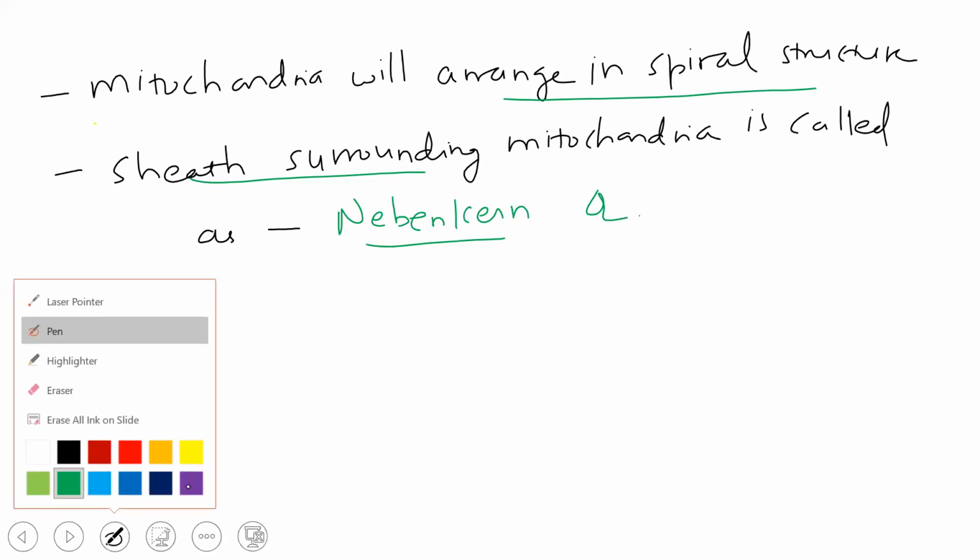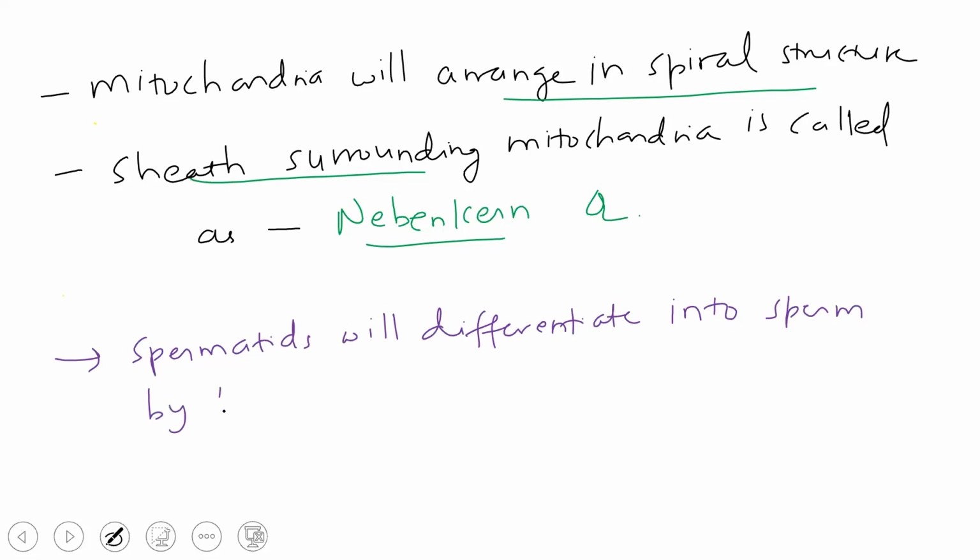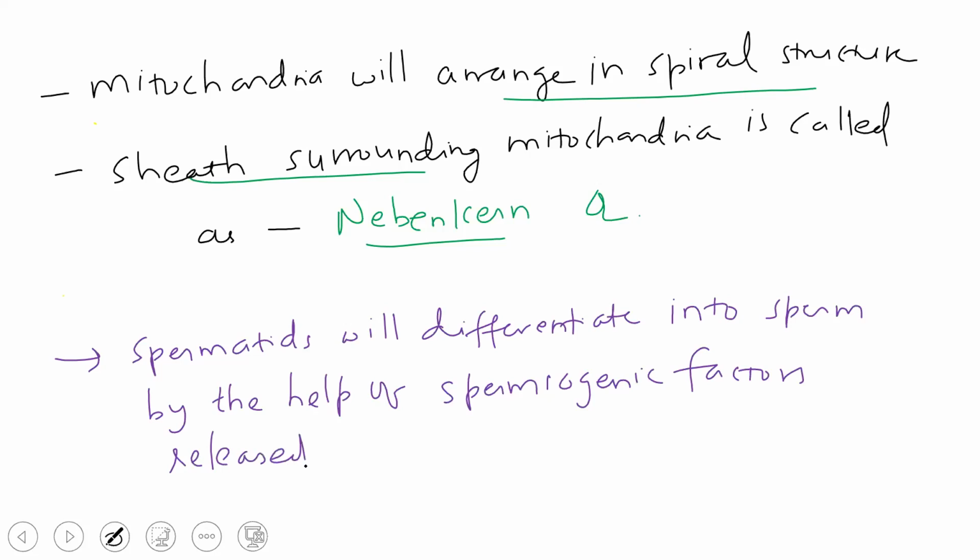So we can conclude that spermatids will differentiate into sperm with the help of spermiogenic factors released from the cells which provide nutrition to sperms, called Sertoli cells.